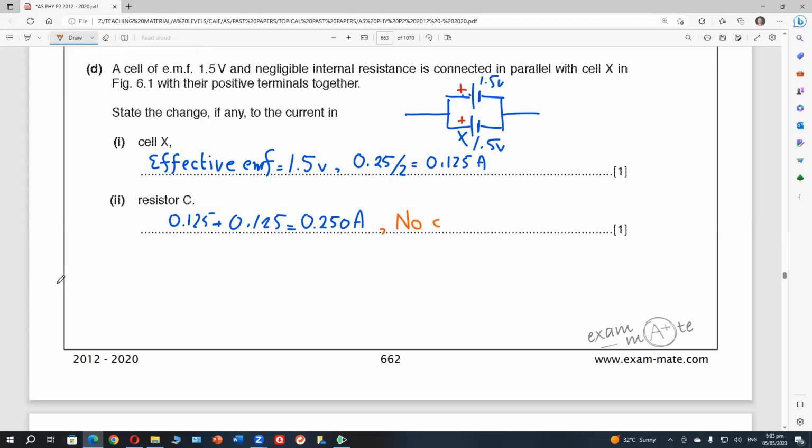So resistance will have no change. No, the current will not change. Current will be the same.